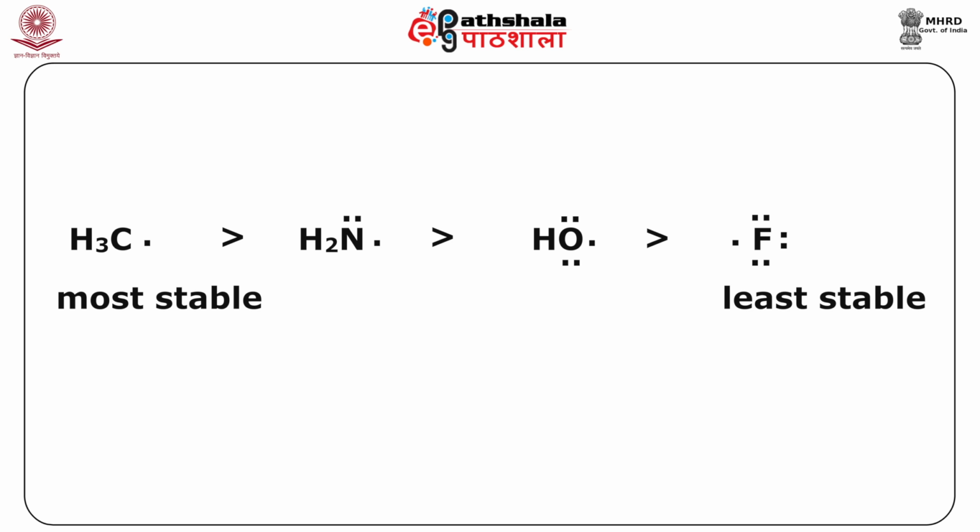So, you can see this trend here, out of the free radicals where the atoms change in the same row of the periodic table, like C dot, N dot, O dot and F dot, the C dot will be most stable, followed by N dot, then O dot and the F dot.